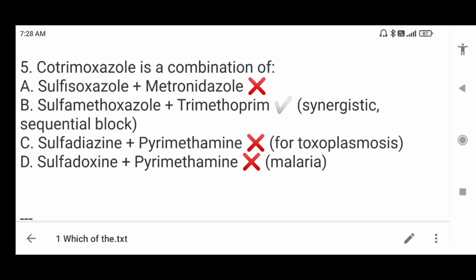Sulfadiazine plus pyrimethamine is for toxoplasmosis. Sulfadoxine plus pyrimethamine is for malaria, but sulfamethoxazole plus trimethoprim is synergistic, with sequential block.